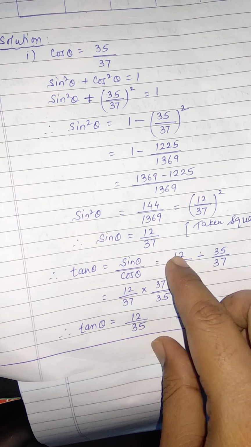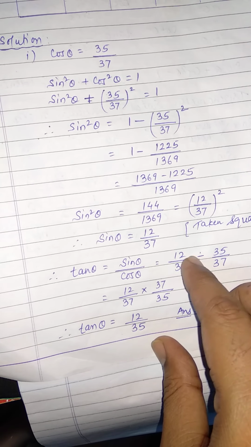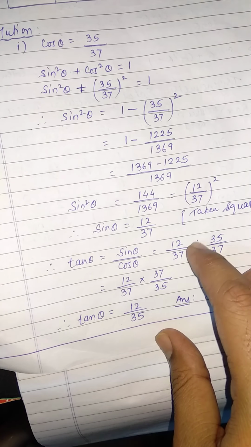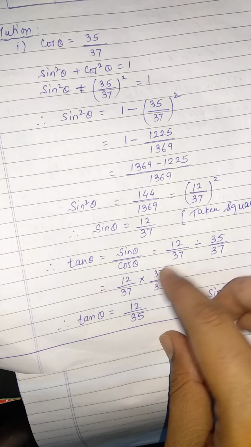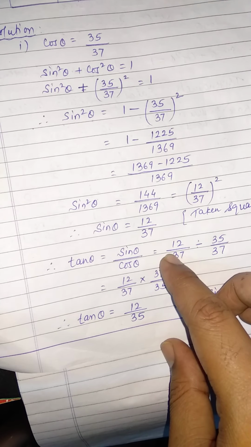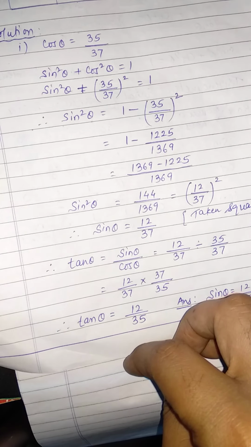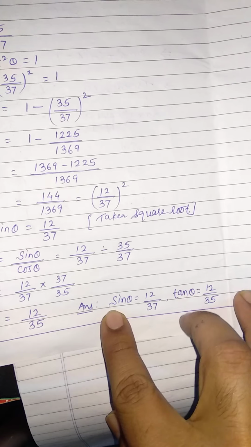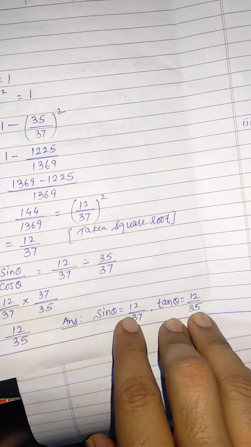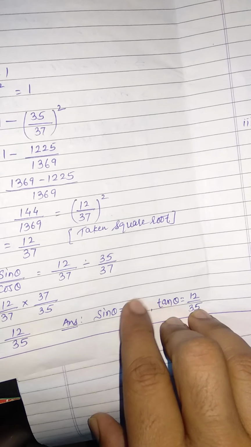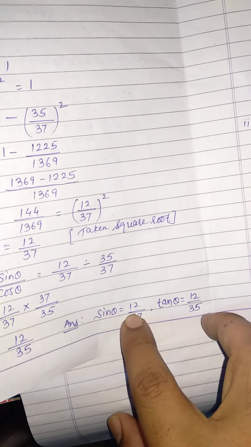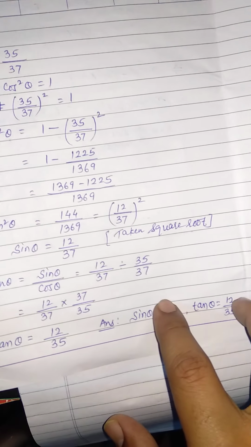So sin theta is 12 upon 37 divided by cos theta, 35 upon 37. I can change division into multiplication, so it becomes 37 upon 35. So 37 gets cancelled. So 12 upon 35 is the answer for tan theta. So your final answer is sin theta is equal to 12 upon 37 and tan theta is 12 upon 35.